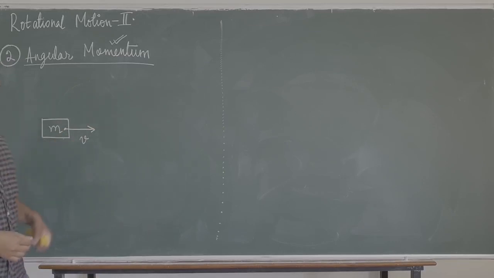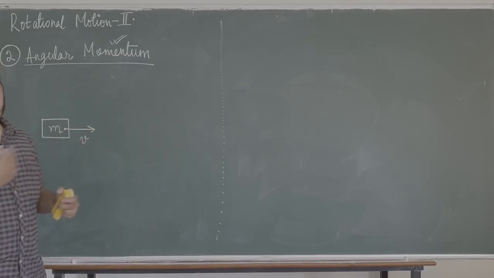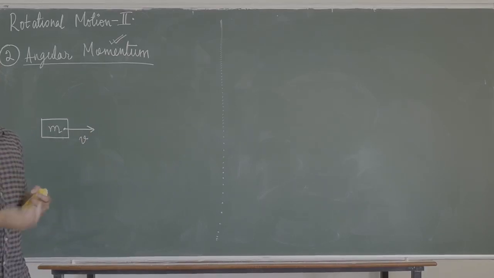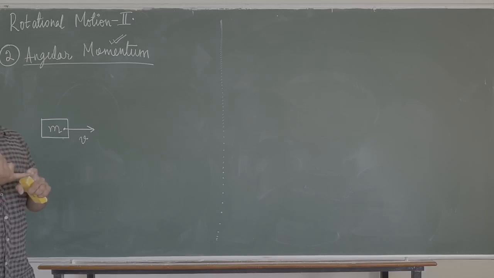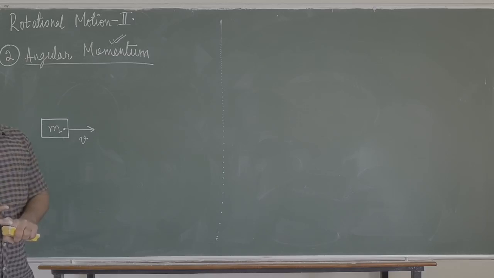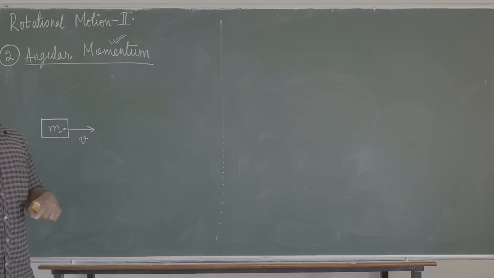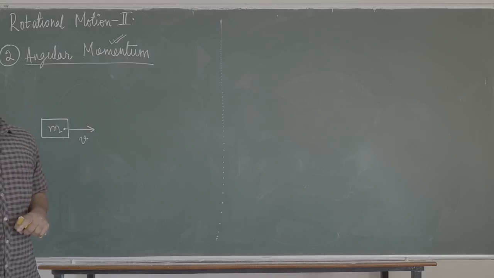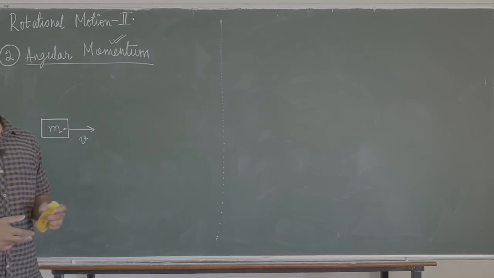To move this mass, I have to push it, I have to provide some force to it. So motion requires a force. There are two ways to talk about it. When you are applying a force, first of all there is distance, and secondly time is taken. So there are two ways of talking about the same thing. Either you talk about time or you talk about distance. If you are talking about distance, force into distance is work done. So you talk about energy.